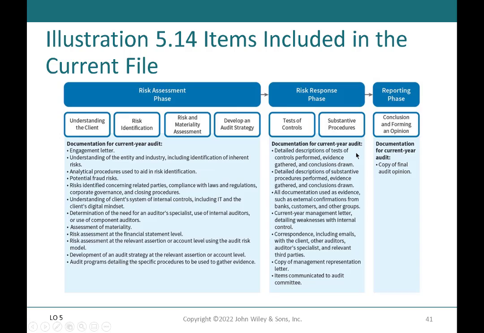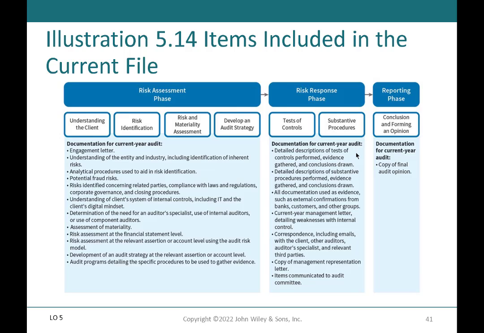So during the risk response phase, we're doing the tests of controls. We're undertaking those substantive tests. So all these different tests we do, we need to have documentation of the steps that we took to perform those tests. Any communications that we have with management, for instance, management prepares a representation letter.